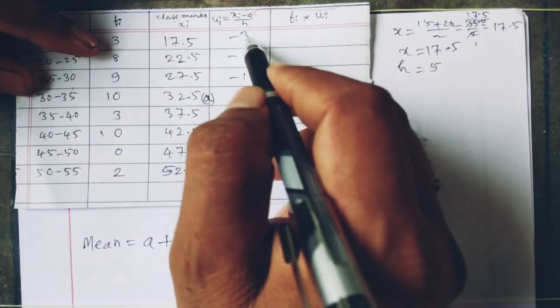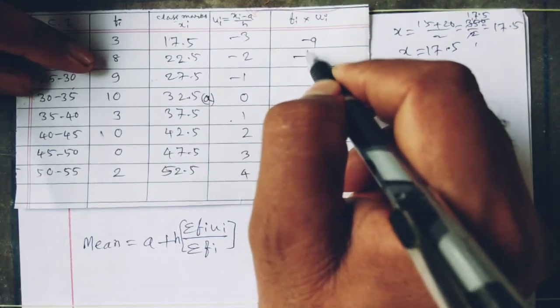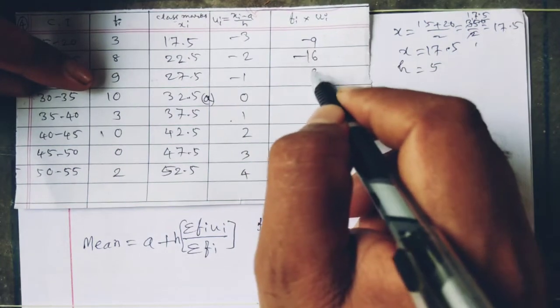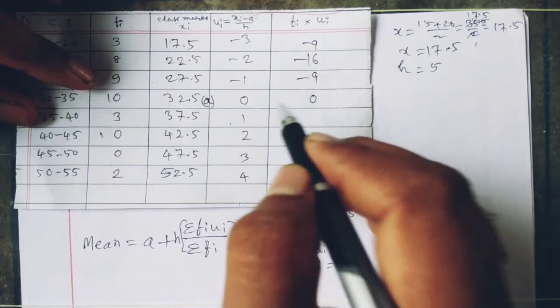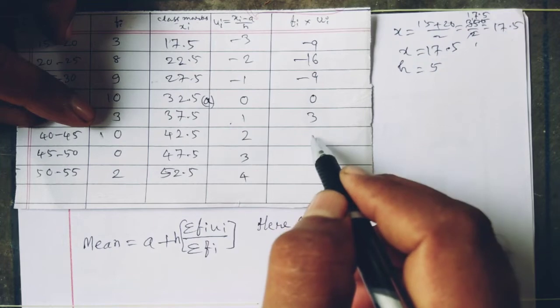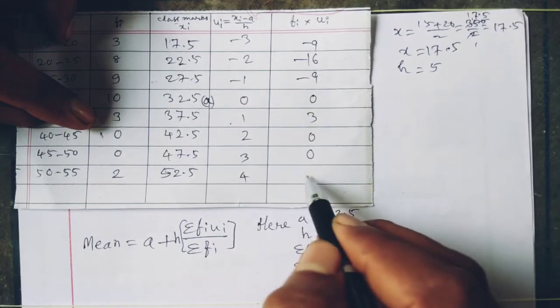Here f, here u. 3 3s are 9, minus 9, 8 2s are 16, minus 16, 9 1s are 9, minus 9, 10 zeros are 0, 3 1s are 3, 0, 0, 2 4s are 8.